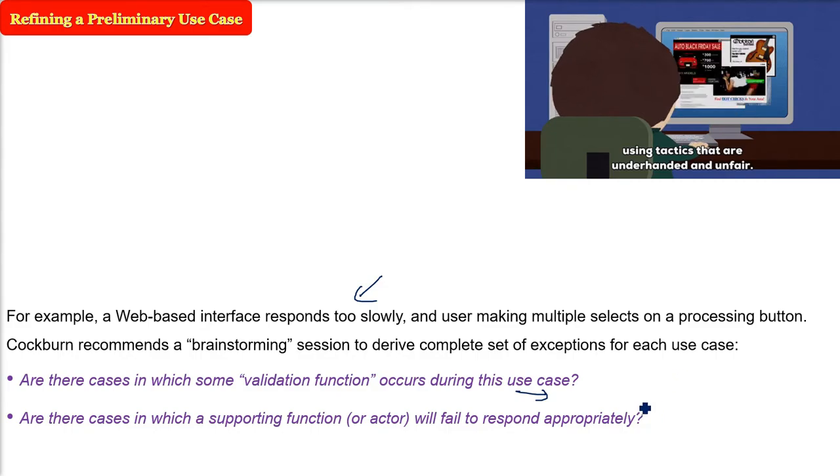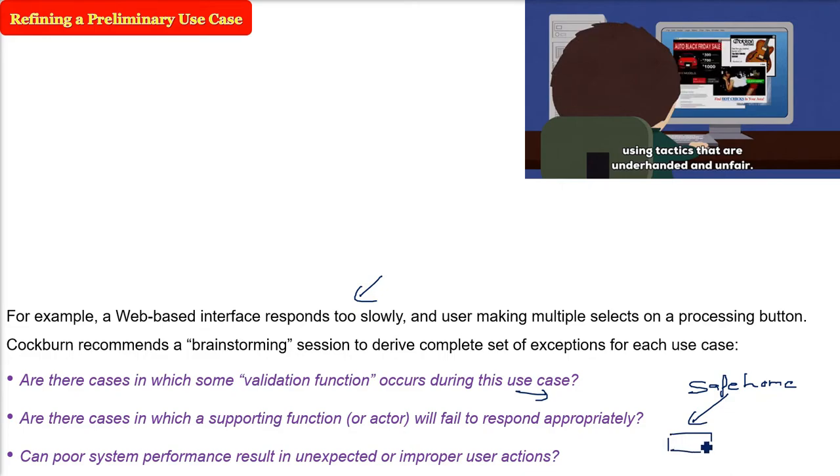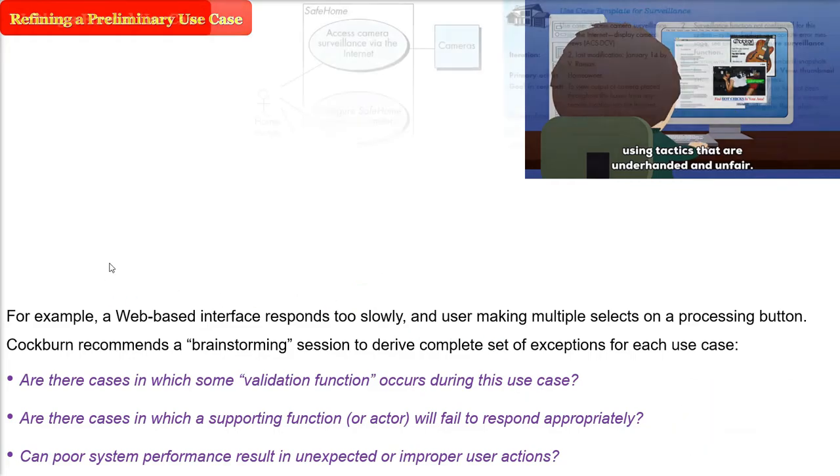So a validation function, some supporting function failed, or poor system performance can cause improper or unexpected behavior. Say you have made a SafeHome software, but you are bound by various technologies, techniques and browsers, etc. So you have to see that also.